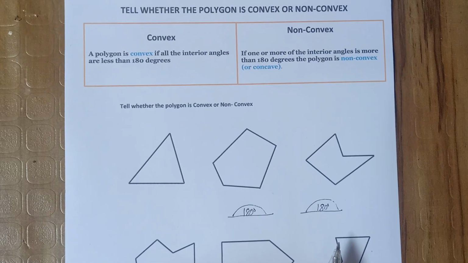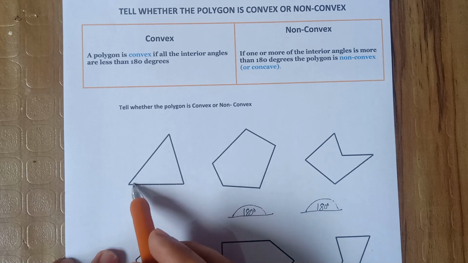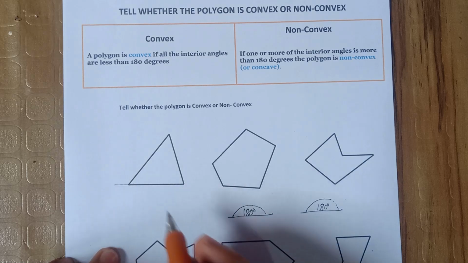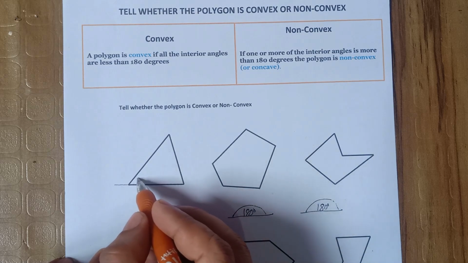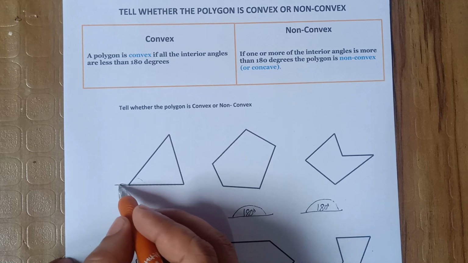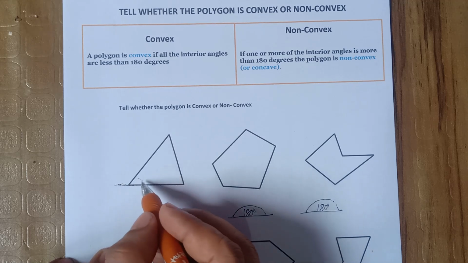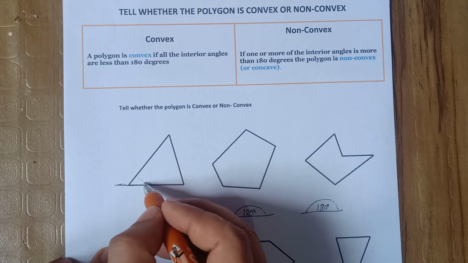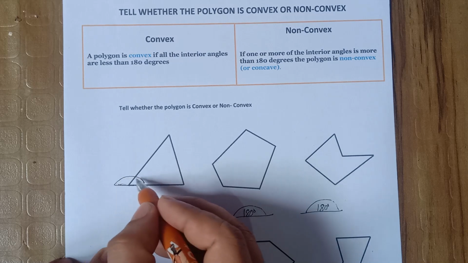Question, why is that, sir? Because if we extend this particular side, of course, this will be a straight angle, right? If we extend this particular line segment, we can form a straight line, and a straight line is equal to 180 degrees.